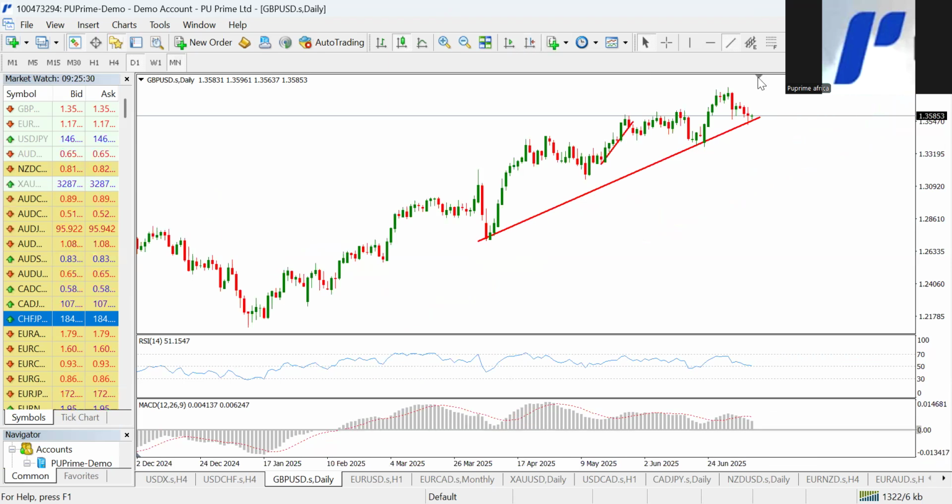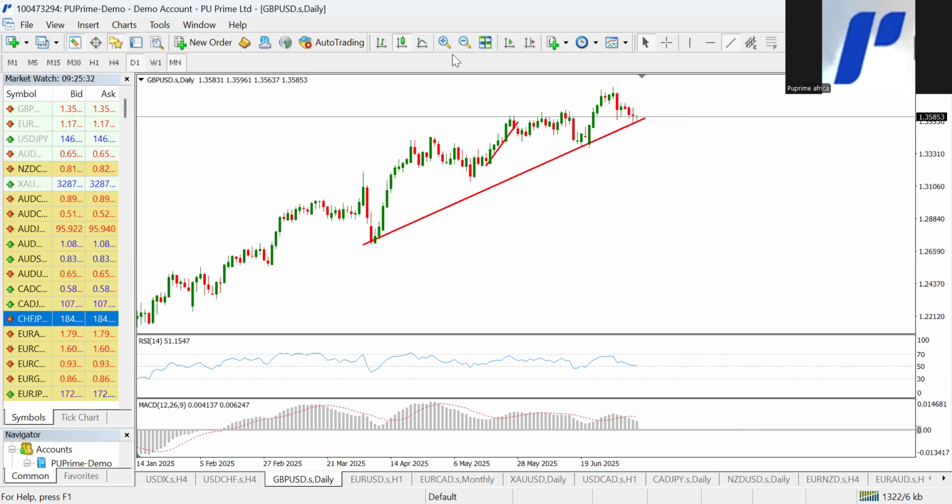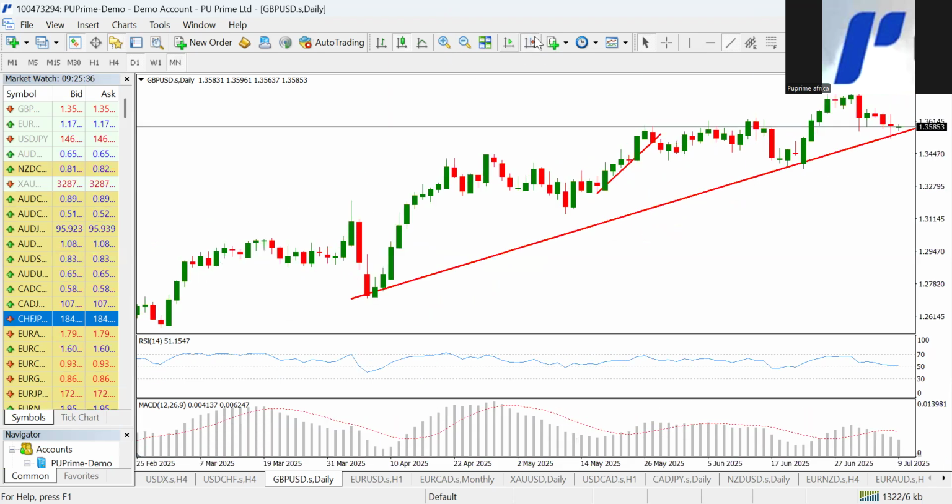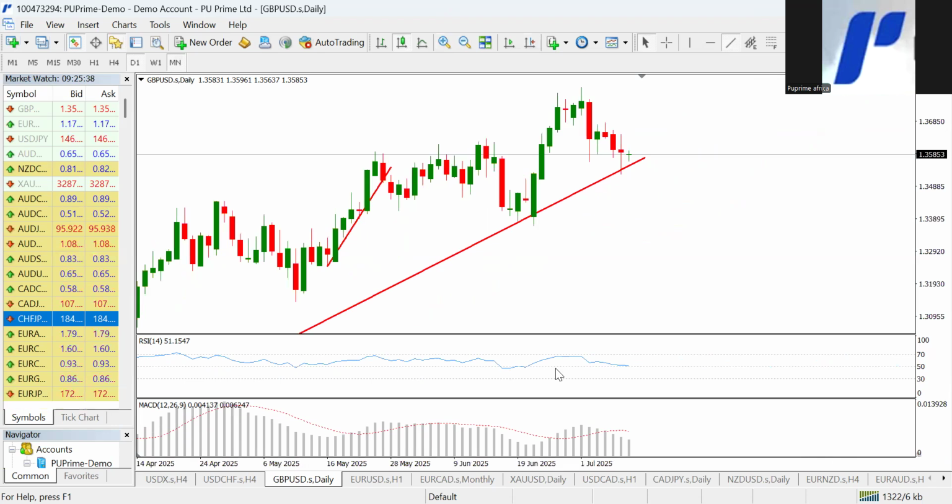I'll zoom it out bigger so that we can see it better. You can see the candle of yesterday closed as a rejection candle, right? So technically, we're expecting an upside movement on the GBP USD today.